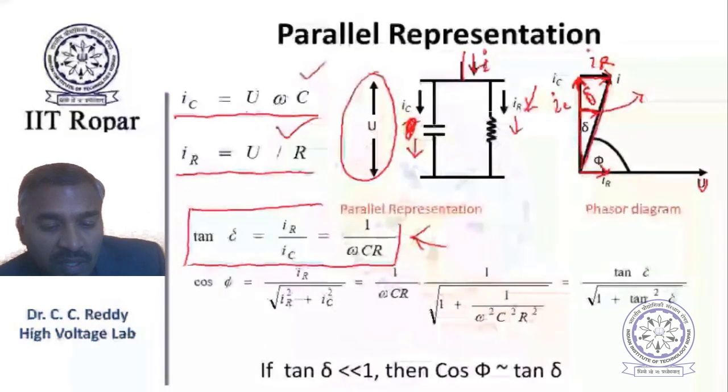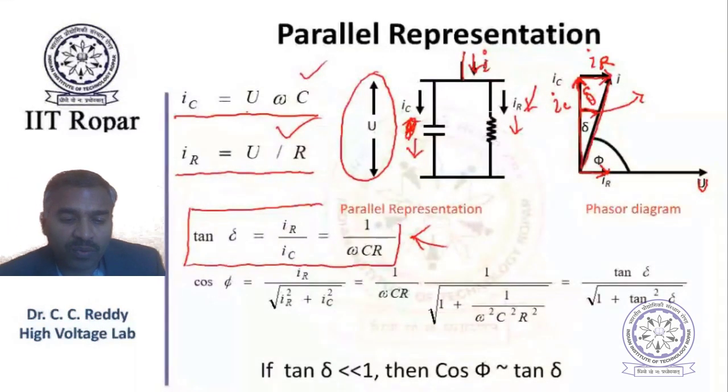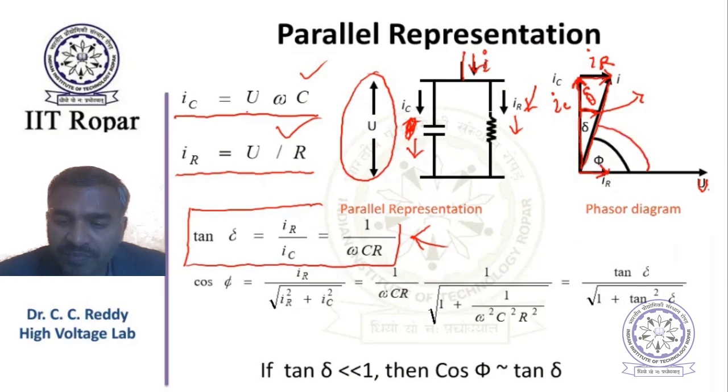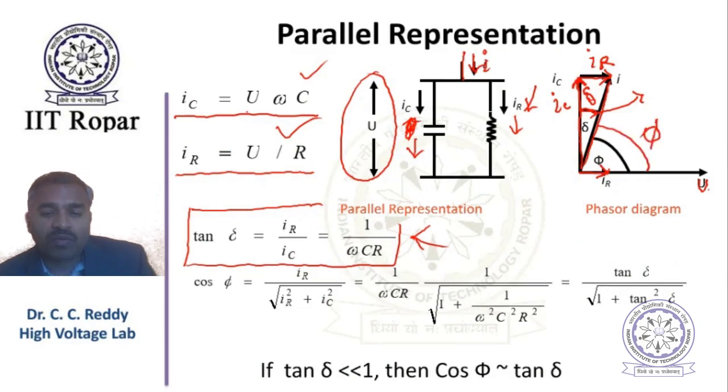Now there is another angle, phi. The total angle between U and IC is 90 degrees, so if you subtract delta, the remaining angle is phi. Now what is cos phi? Cos phi equals IR divided by the root of IR square plus IC square, that is, total I.